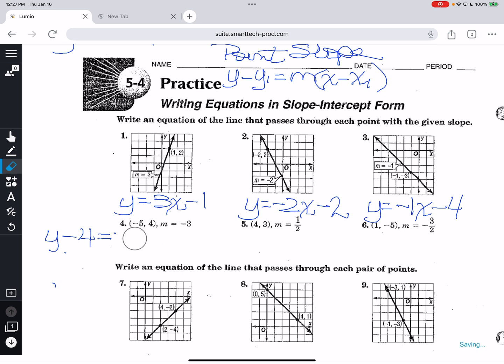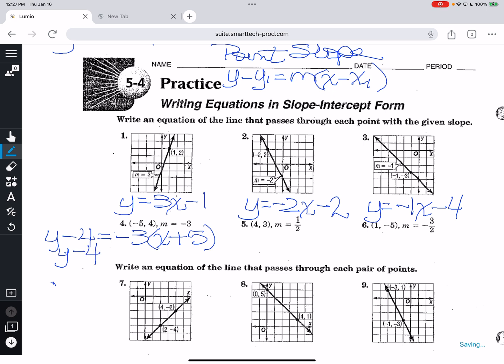What is our m? Negative 3. And then x, what? Negative 5. But how do we use that? As the x1. X minus negative 5, which means what? X plus 5. Yep. Because y minus a negative is going to be y plus. So y minus 4 just stays what it is at this point.